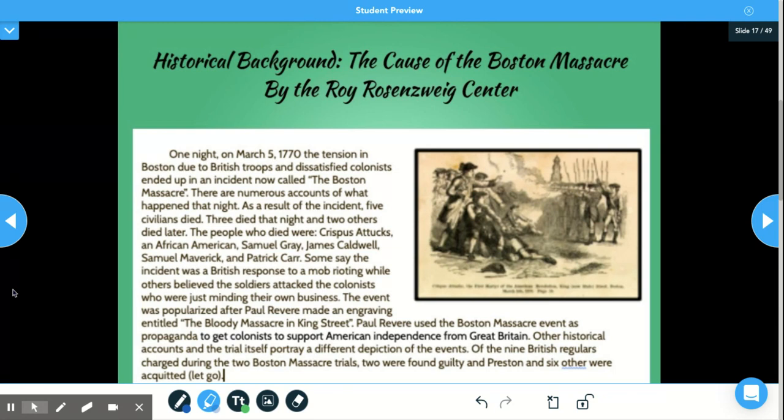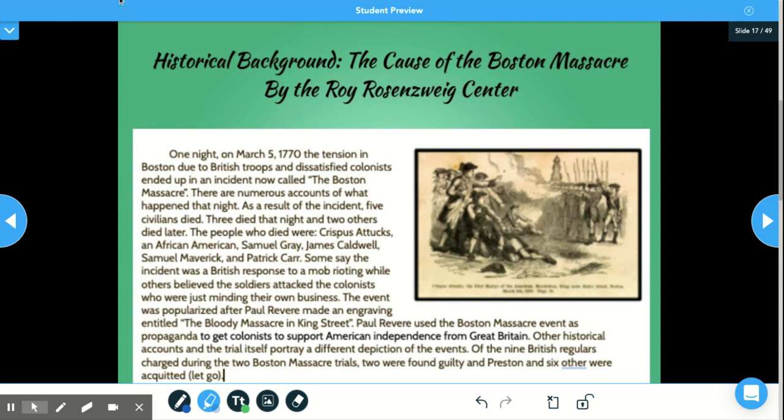Other historical accounts and the trial itself portray a different depiction of the events. One of the 9 British regulars charged during the 2 Boston Massacre trials, out of the 9 that were charged, 2 were found guilty, and Preston, who was the captain, and 6 others were acquitted or let go.